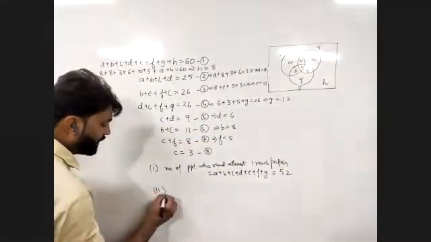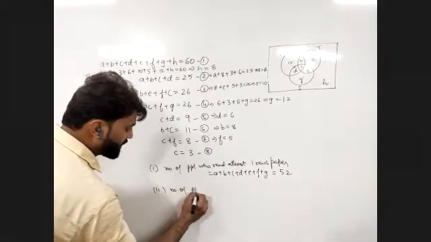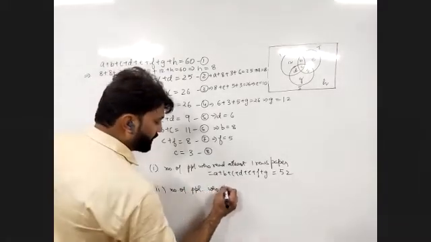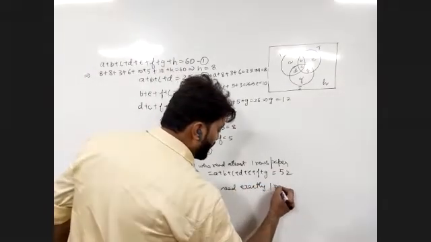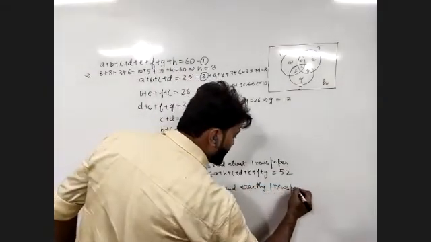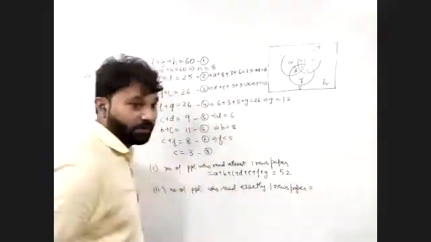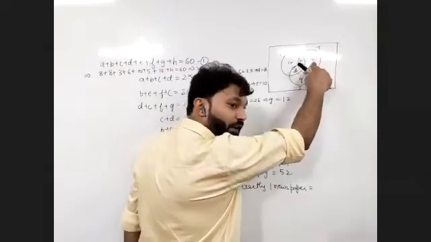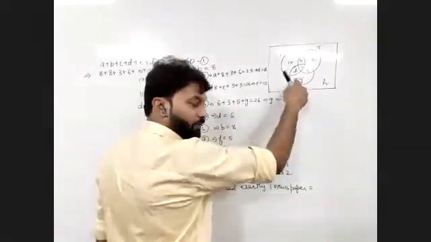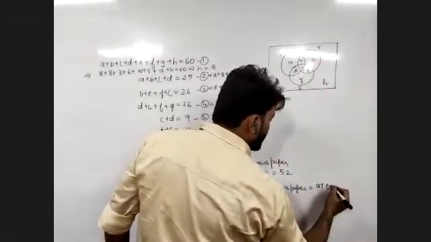Second part, number of people, क्या पूछा गया है? Who read exactly one. That means who are not reading less than one or more than one, but exactly one newspaper. That means only H or only T or only I. Can we say that A plus E plus G?